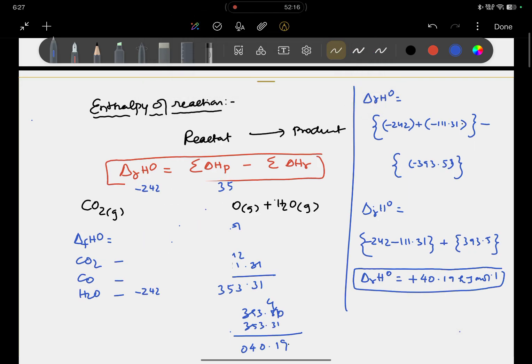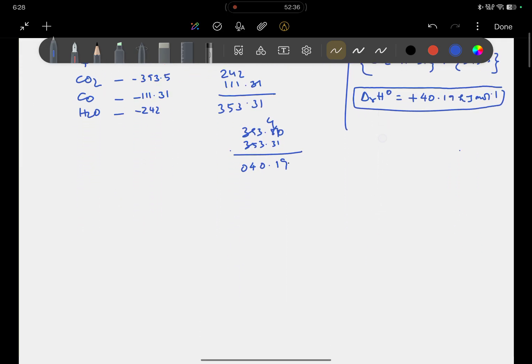Note down the answer: delta r H naught is equal to plus 40.19 kilojoule per mole. Calculation you should do. Next time onwards, please make it a practice. Right, let me go to the next part.